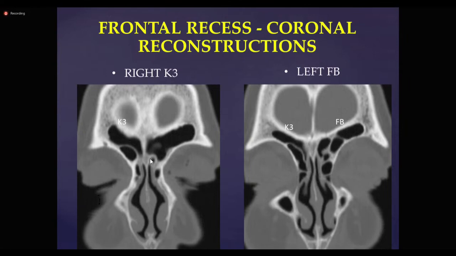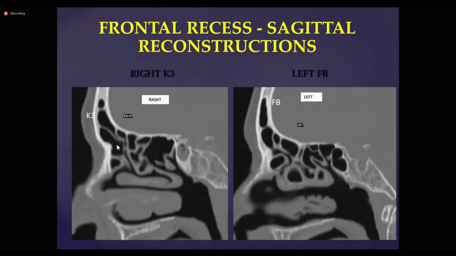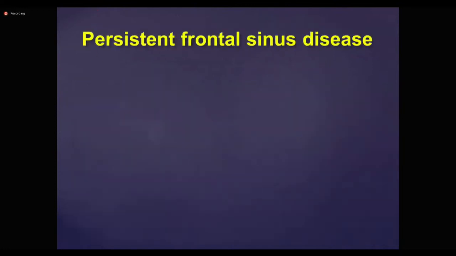See, this was the beak, here there is no beak, this is the level of the frontal recess, and this cell going up looks like frontobulla. How can you differentiate? Just put the sagittal section. See, this cell is attached anteriorly and this one behind. You can easily differentiate by means of a sagittal section what kind of cell is what.